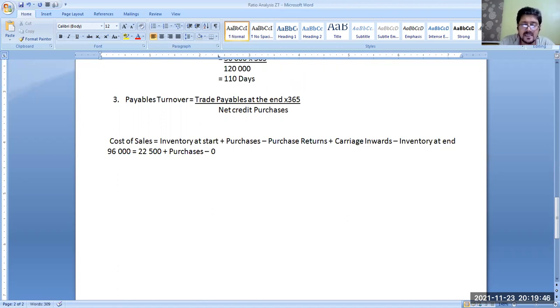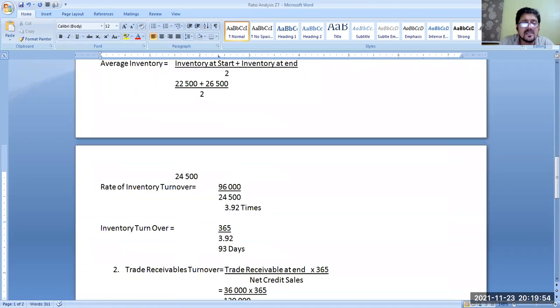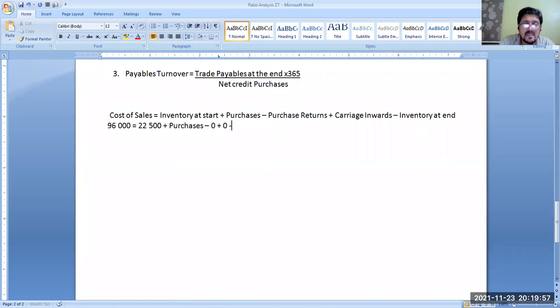Carriage inward is also not given, so we'll put it as 0. Minus inventory at end, which is given, 26,500. Now you can easily calculate purchases.